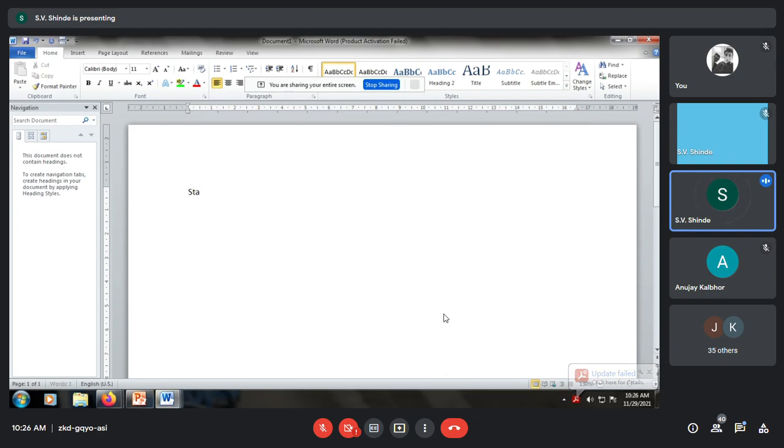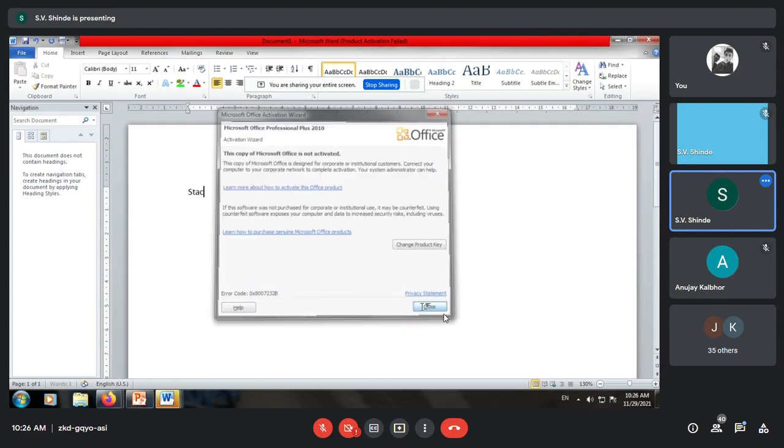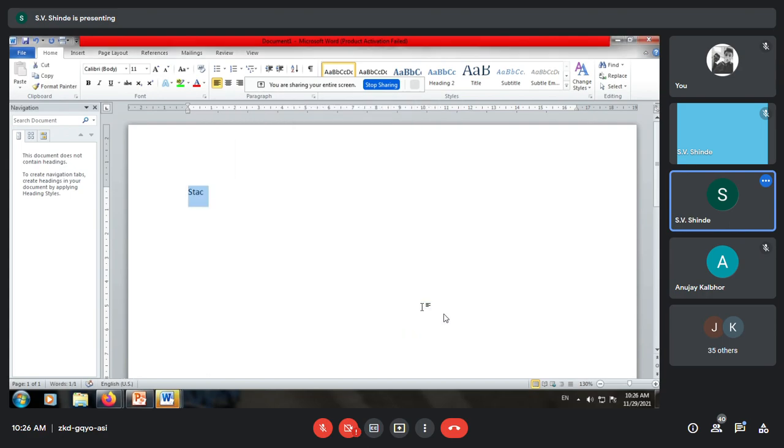So our fifth unit is nothing but stack. Whenever you define stack, the first thing is it is LIFO. What does it mean by LIFO? It is last in, first out. So whichever data is inserted on top of the stack is taken out first.